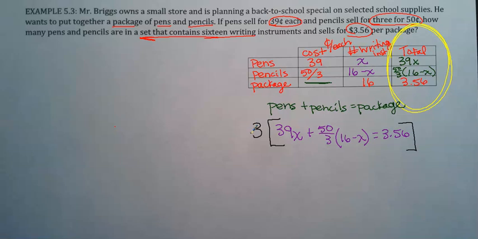So it's up to you. 3 times 39 ends up being 117x. 3 times the quantity 50 thirds, the 3 cancels with that 3. Remember, that's the point. So you just end up with 50 times the quantity 16 minus x. Remember, we're distributing to each number, we don't distribute it inside of here, we're distributing it to the number that's going to be distributed.